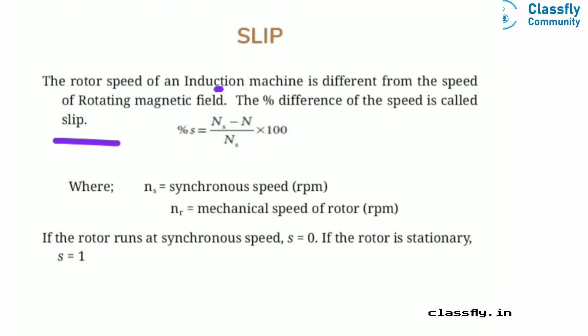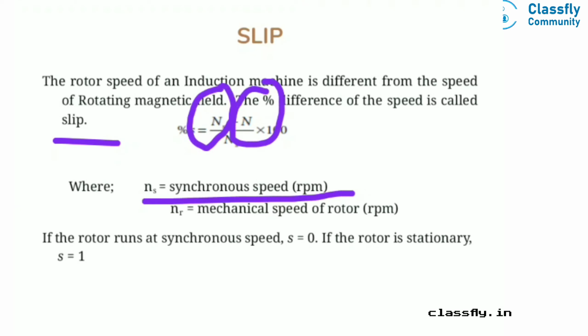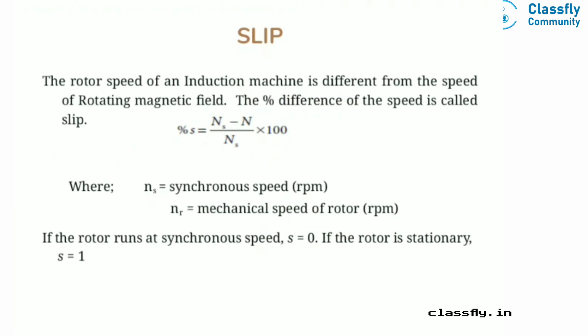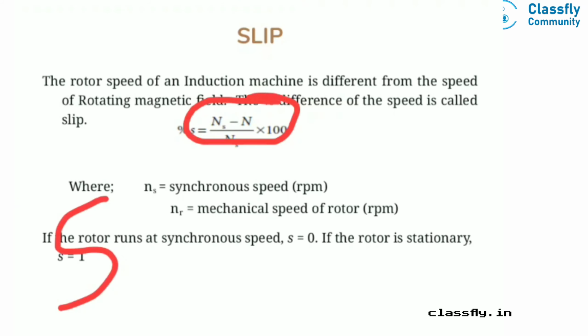Here ns represents the synchronous speed, and n represents the mechanical speed of the rotor. So what is the synchronous speed? I already told you the stator is stationary, but its magnetic field has some motion. That is why the speed of that rotating magnetic field is the synchronous speed. So the difference between the synchronous speed minus the rotor speed is our slip speed.